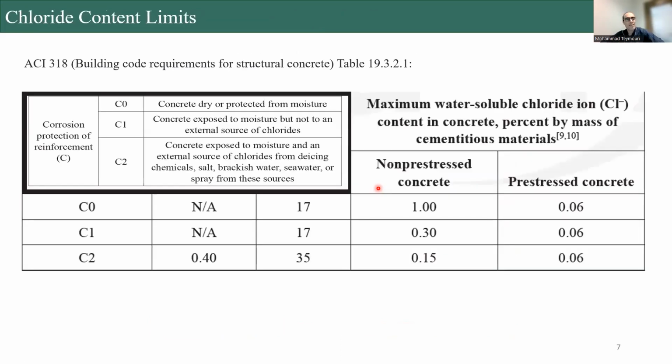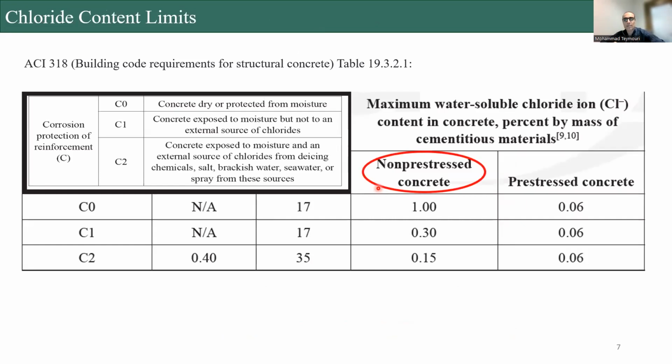The next step is, what do we have right now? In some of the standards, like the ACI 318, which is a building code, if you check Table 19, we can see they provided some limit for the chloride content inside the concrete.